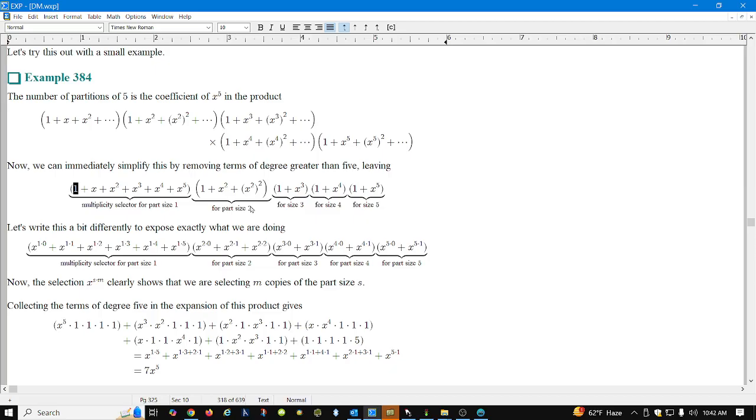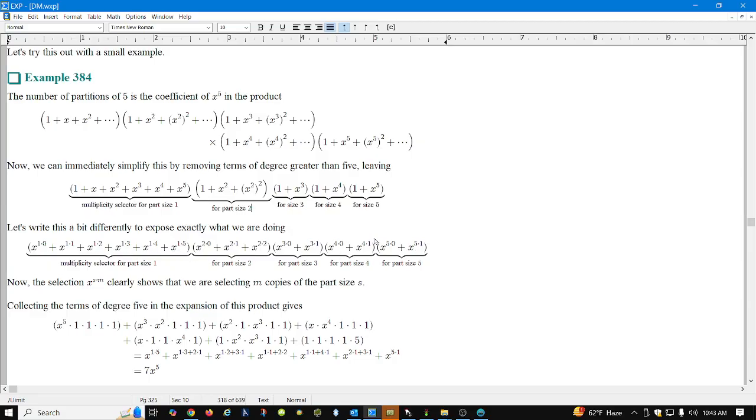This is the multiplicity selector for part size 2: 0 2s, 1 2, 2 2s. For part size 3, we either have 0 3s or 1 3. We can't have 2 3s. That's already degree 6, and so on.